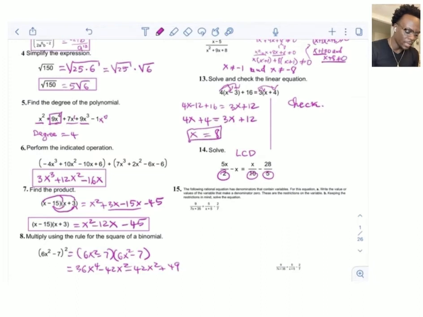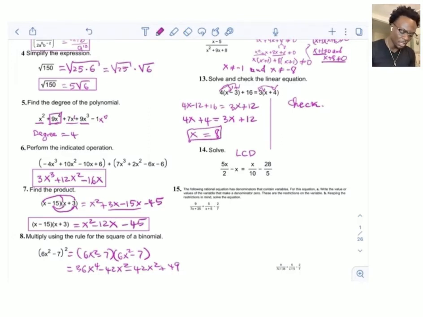So when you look at 2, 10, and 5, which of these numbers do all the other ones, including itself, divide into? 10. 10 is a factor of itself because 10 goes into 10 once. 2 is a factor of 10 because 2 goes into 10 5 times. 5 is a factor of 10 because 5 goes into 10 2 times. So that makes 10 the least common denominator.